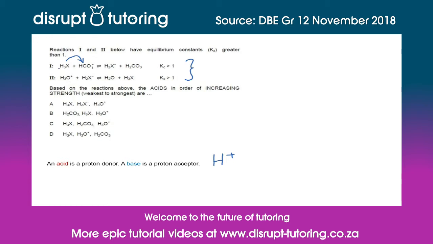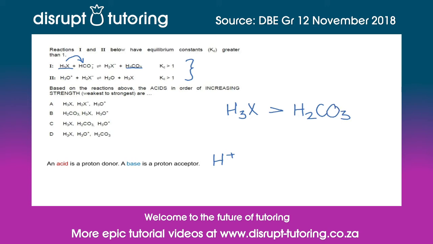So that means that the H3X is the acid for the left-hand side of the equation, and the carbonic acid is the acid for the right-hand side of the equation. We know from the equilibrium constants that the acids on the left are stronger than the acids on the right, so we can immediately say that H3X is a stronger acid than H2CO3.